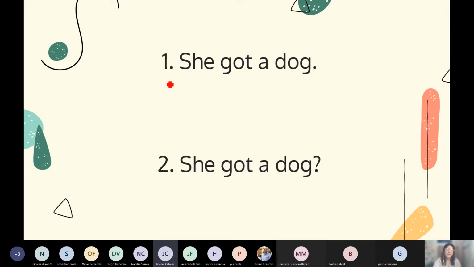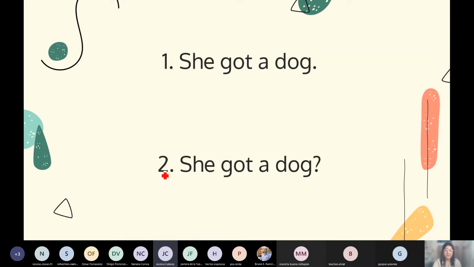But the words are the same. Even though the words are the same, because of the way the focus word, in this case dog, the most prominent one, is pronounced, we can have two different meanings.